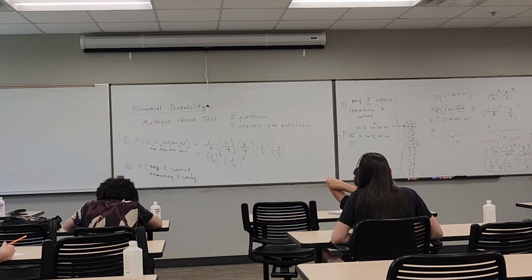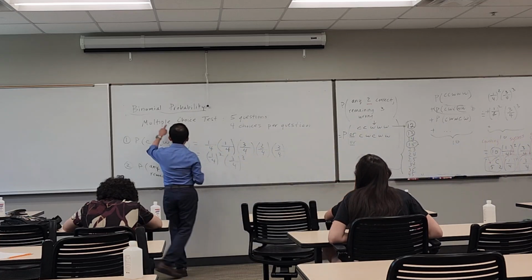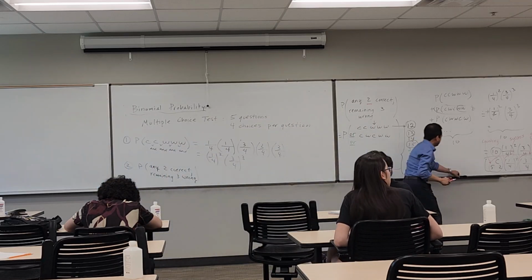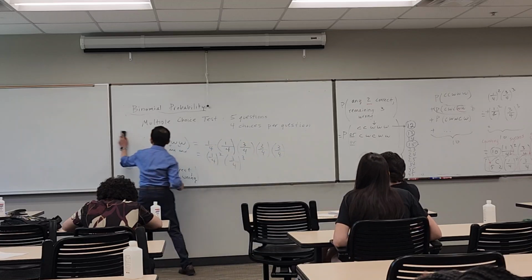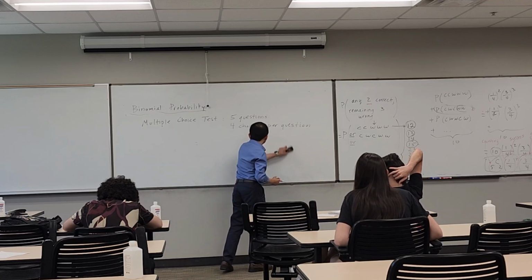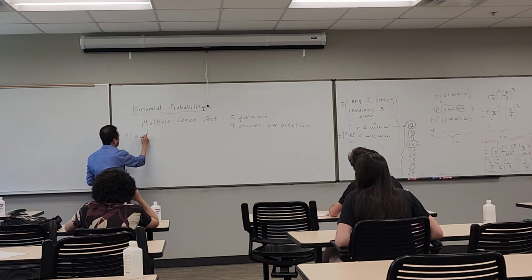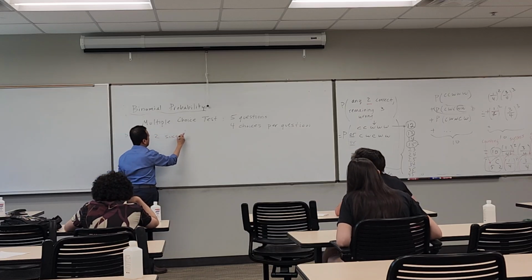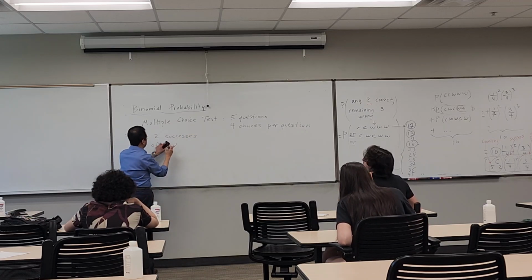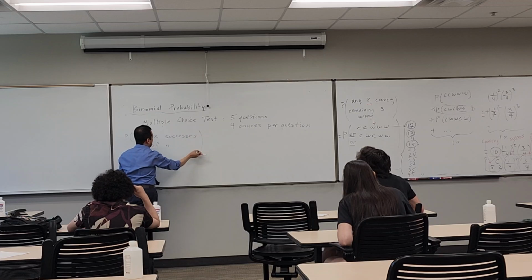This is a specific example of something that we call a binomial probability. In a binomial probability, you're answering the general question of finding the probability of any x successes out of n trials.